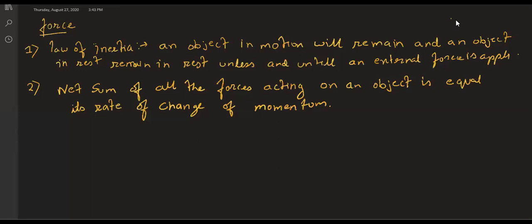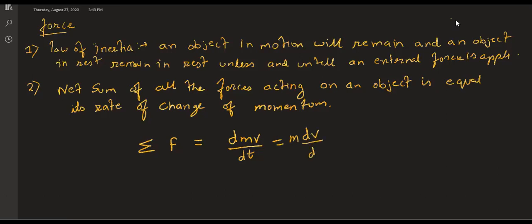So I can say that the summation of all the forces, F, is equal to d(mv)/dt. Because the rate of change of momentum is the differentiation of momentum with respect to time. This is your actual expression. Sigma is the sign of summation, meaning the sum of all the forces. Now we know that mass is generally constant, so we can take it outside: it will be m dv/dt.